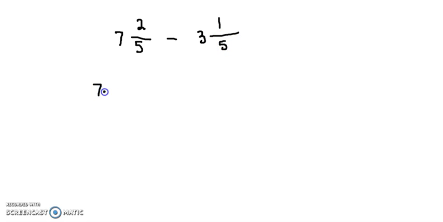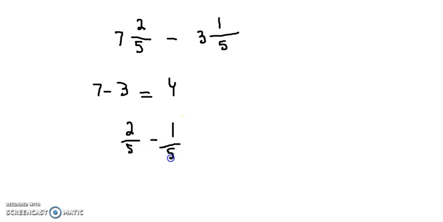We can subtract 3 from 7 and we will get 4, and now we can do the fraction part, 2 by 5 minus 1 by 5.